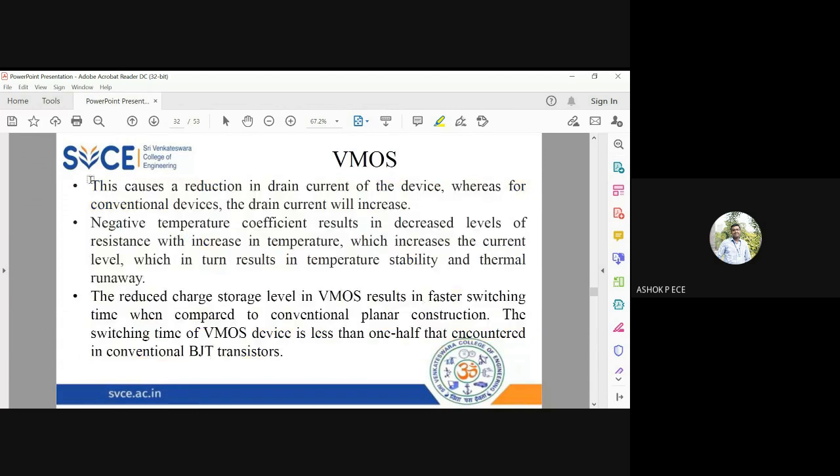So this causes the reduction in drain current. For the conventional devices, the drain current will increase. But here, because of this positive temperature coefficient, even though the temperature is increasing, we don't have the increase in drain current. So the device is going to have a safer operating region.